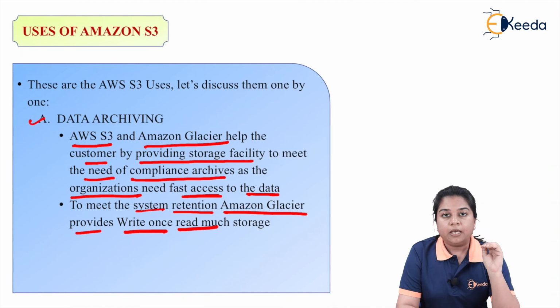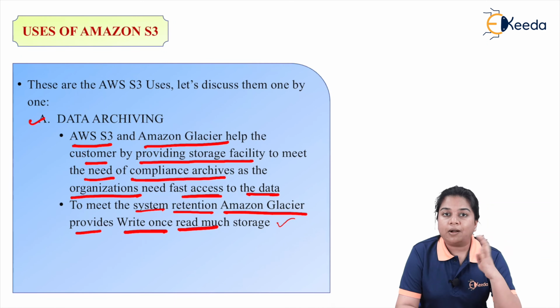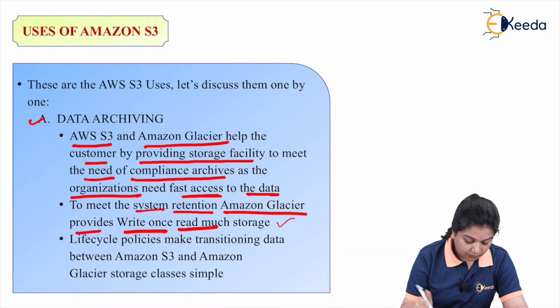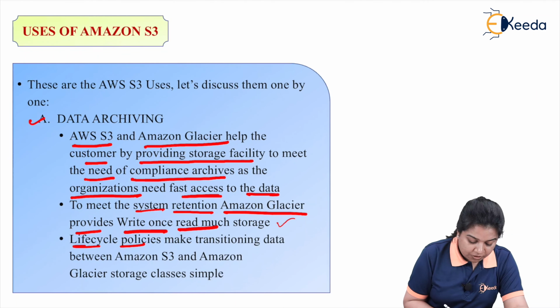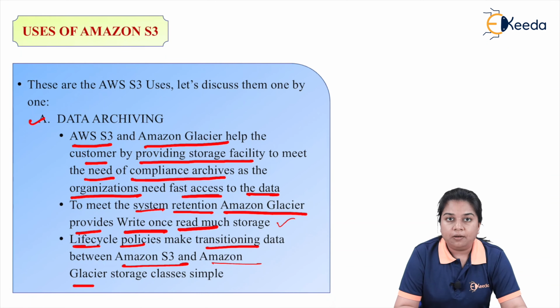That means Amazon Glacier, as we all know, is a cold storage type. So there you can store your data, you can write once and you can read as many times as you want from that storage. Your data is kept there and you can access it whenever you want. Lifecycle policies make transitioning data between Amazon S3 and Amazon Glacier storage classes simple.